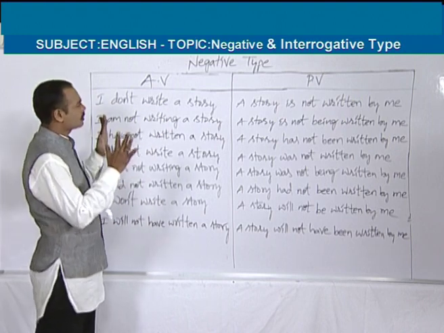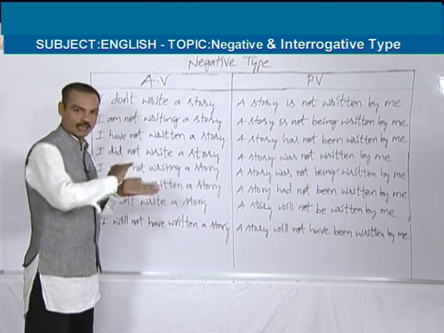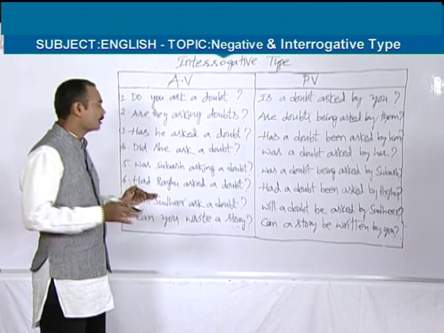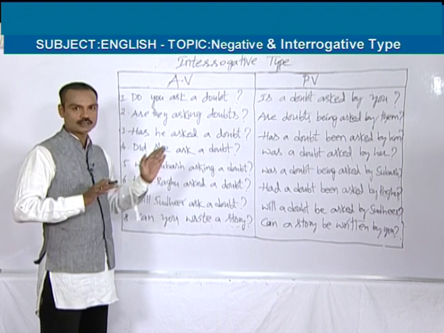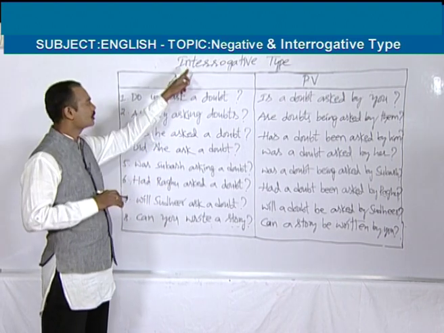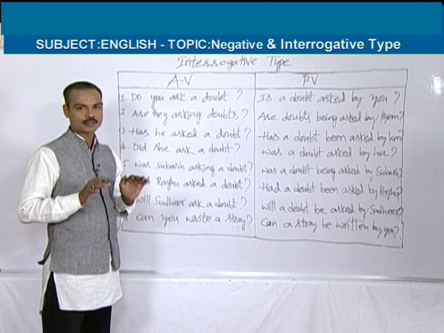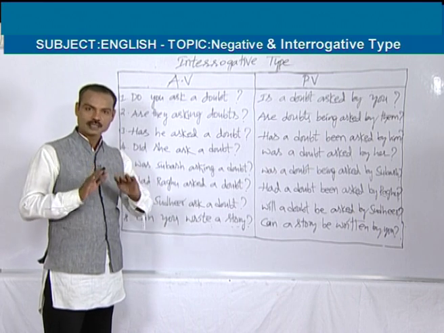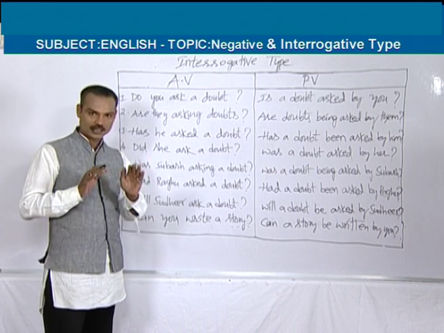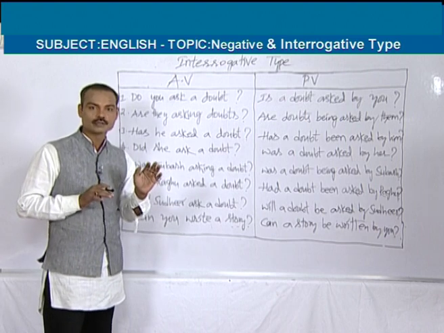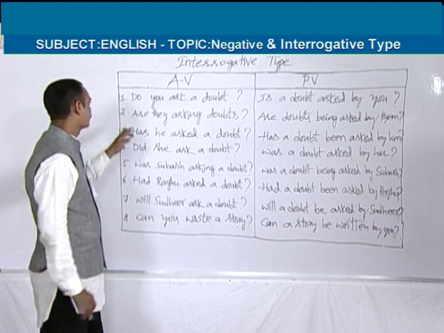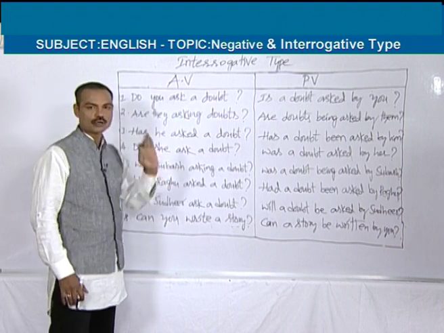So this is something about the negative type of active and passive voice. Friends, let's learn another type, the third type of active and passive voice, which is called the interrogative type. In the examinations they will give you some sentences in active voice, and questions will be given. See, do you ask a doubt?